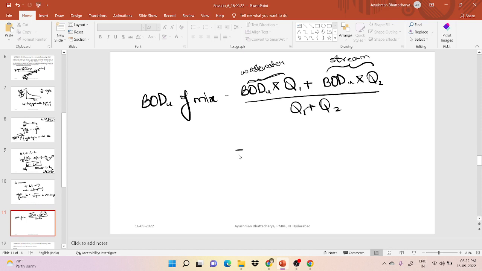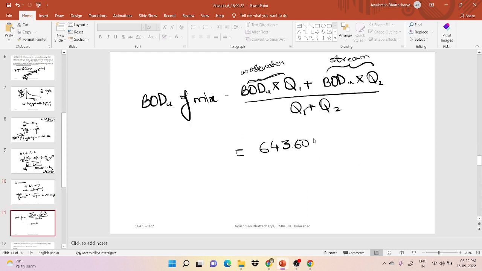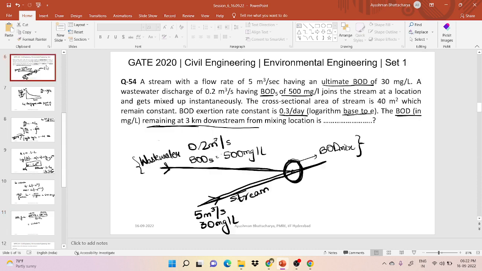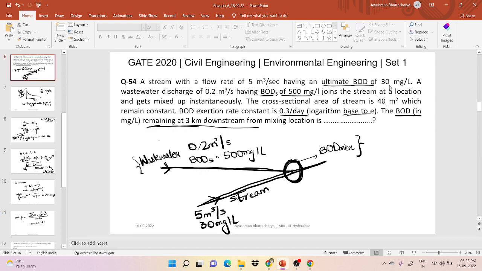So just now we have calculated the ultimate BOD, which came out to be 643.60. The discharge flow rate was, let's go back to the question, 0.2 meter cube per second, plus the ultimate BOD they have mentioned for stream is 30 milligram per liter with a flow rate of 5 meter cube per second.